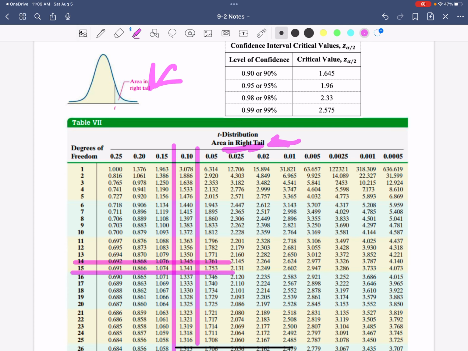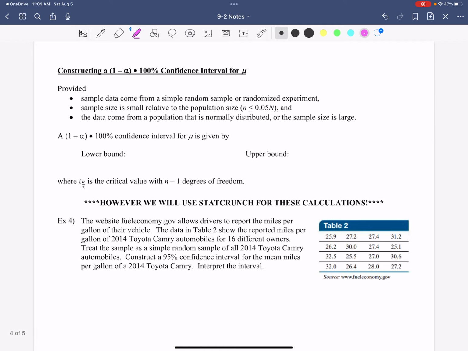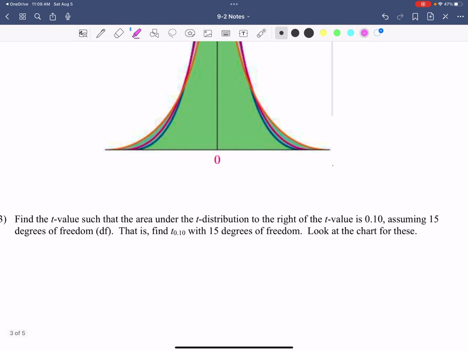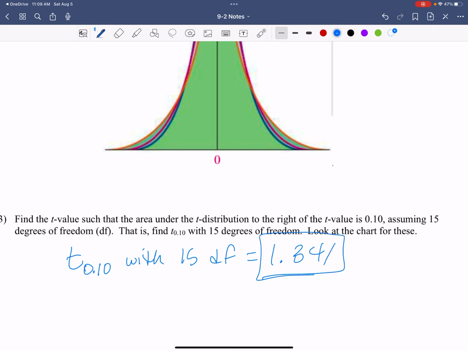This one's on the right tail where my z isn't. That makes that impact for us, 1.341. I just want to make sure that you see the difference as you're going back through here. So if I'm looking at t of 0.10 with 15 degrees of freedom, that would be 1.341. And you literally just get that from the chart. All right, that's what that is.